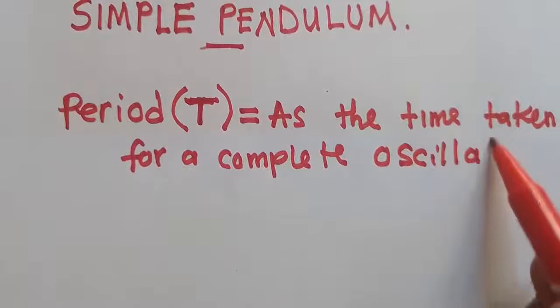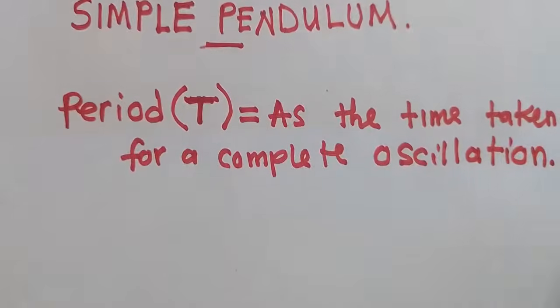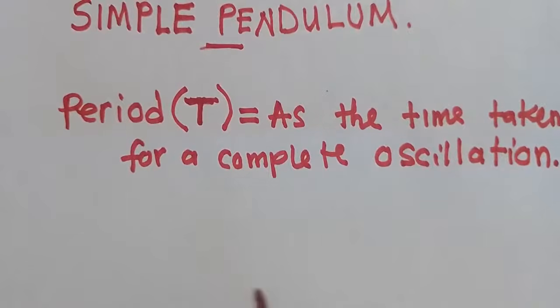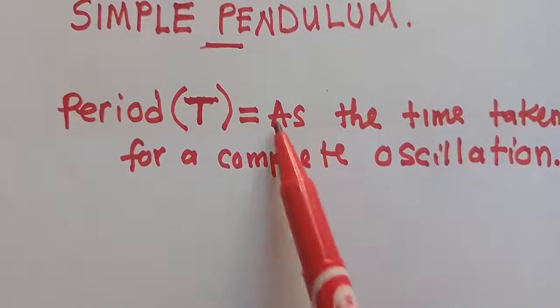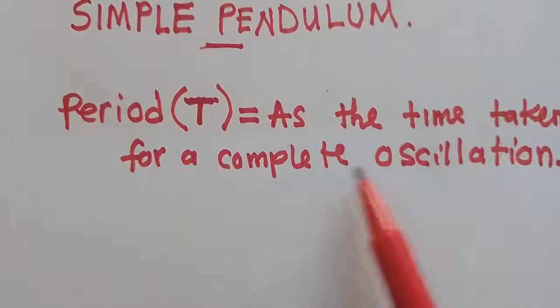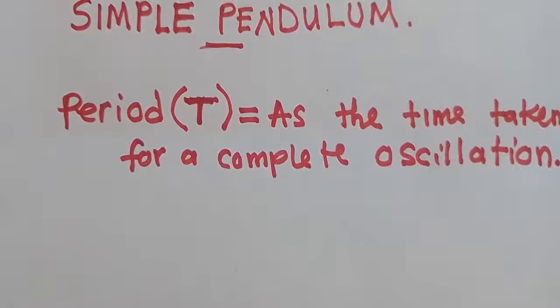This is what you need to know and understand. So whenever we are talking about period, it is defined as the time taken for a complete oscillation. I believe you know what I mean when I talk about a complete oscillation.